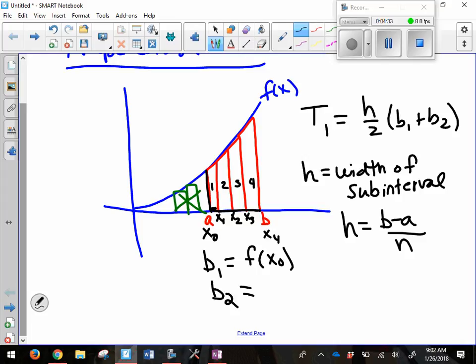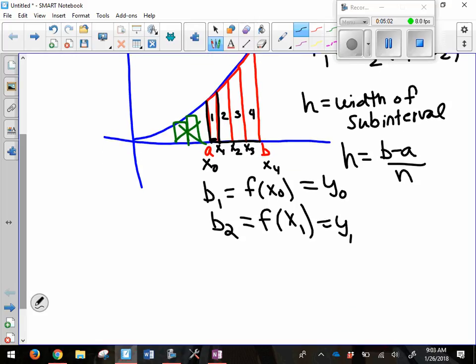And then what's B2 going to be? No, it's going to be f of x1 because it's going to be this side. And of course, as Casey alluded to, they're the y values, so I can call them y0 and y1 because they go with x0 and x1.